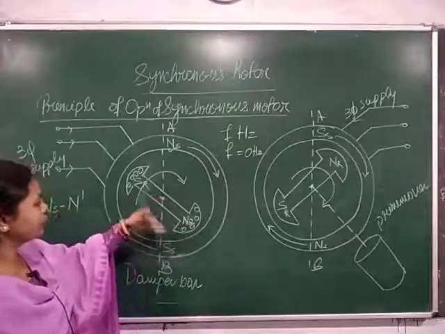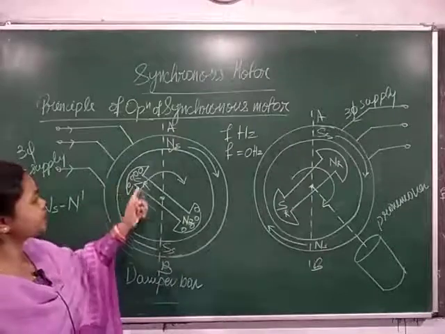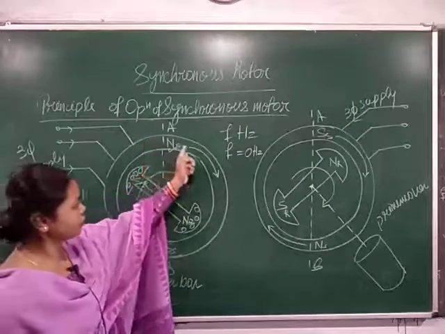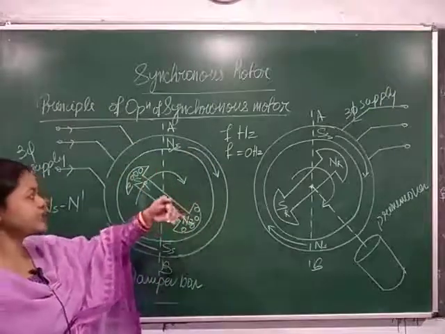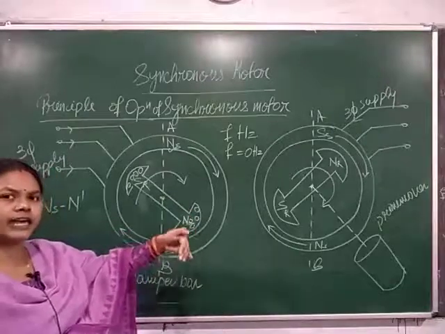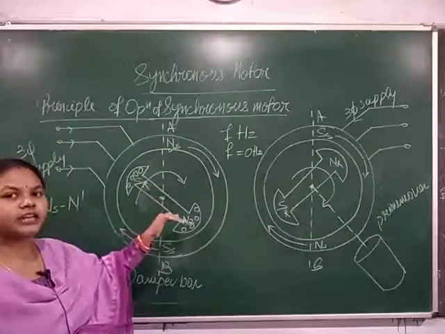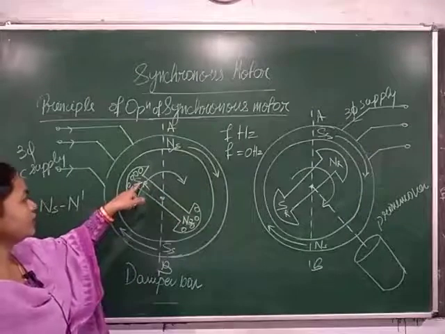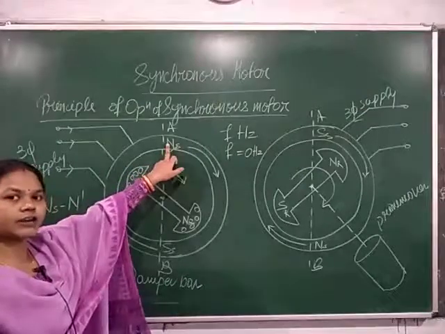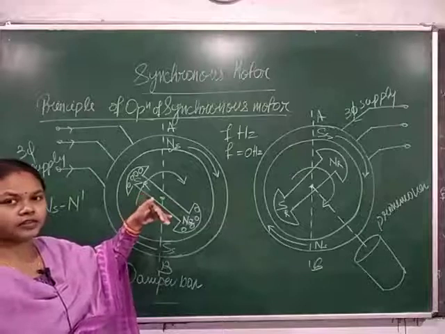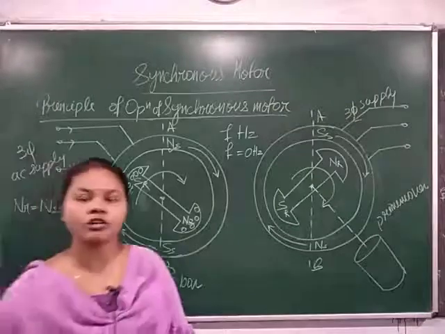When the rotor moves with the relative speed in the clockwise direction with this rotating magnetic field, at that instant, when it nearly reaches the synchronous speed, you excite the field winding, and in such a way that you excite the north pole opposite the other, and they are magnetically locked.